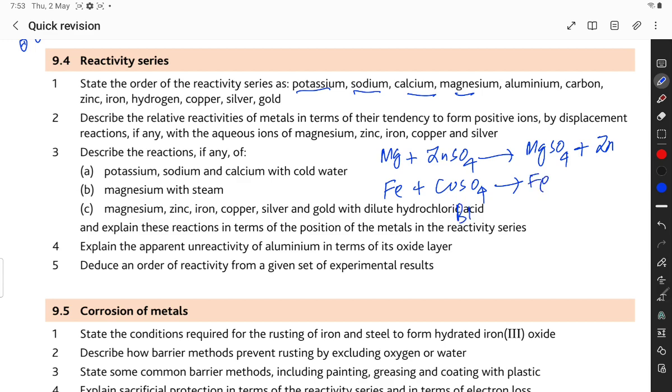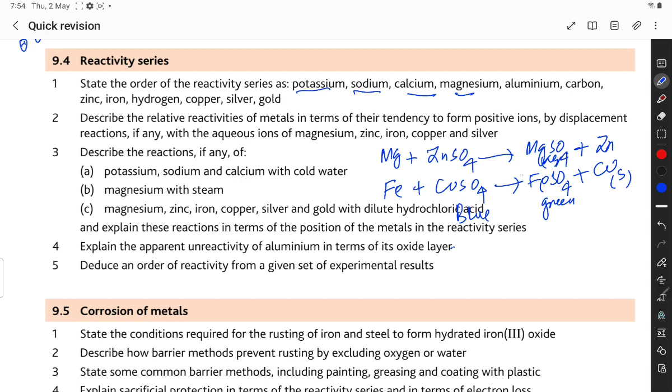This is a blue solution, and FeSO4 is a green solution. Blue solution turns green plus copper solid, pink solid. There are two observations: blue solution turns green and pink solid appears. These are displacements: a highly reactive metal displaces a less reactive metal from its solution.